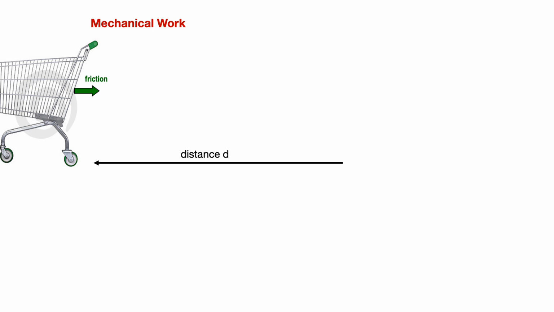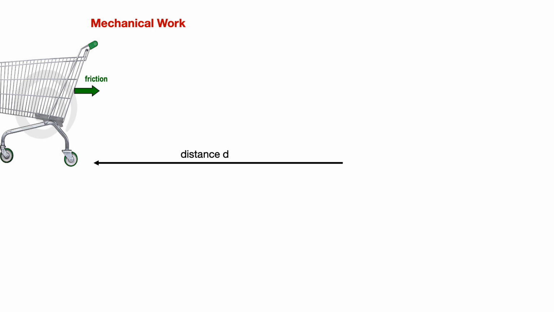We're now going to define the work that we have done in moving that trolley. I'm sure you would agree that if you're pushing an object for any length of time, it does use up energy. So you are transferring energy from yourself to the movement of that trolley. If you're transferring energy, you're doing work. Remember the key phrase, work is done when energy is transferred.